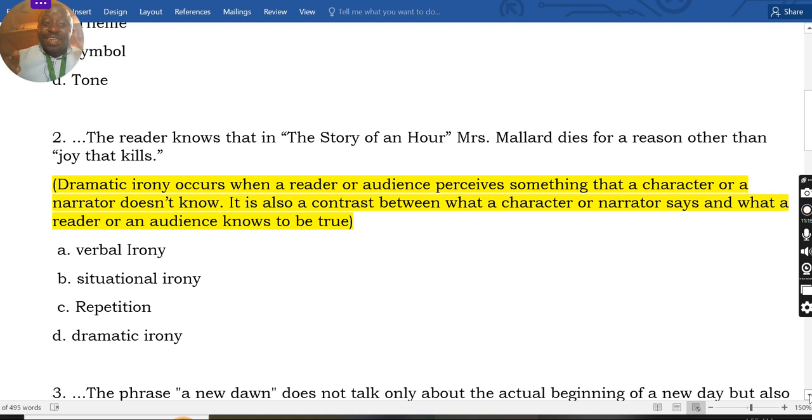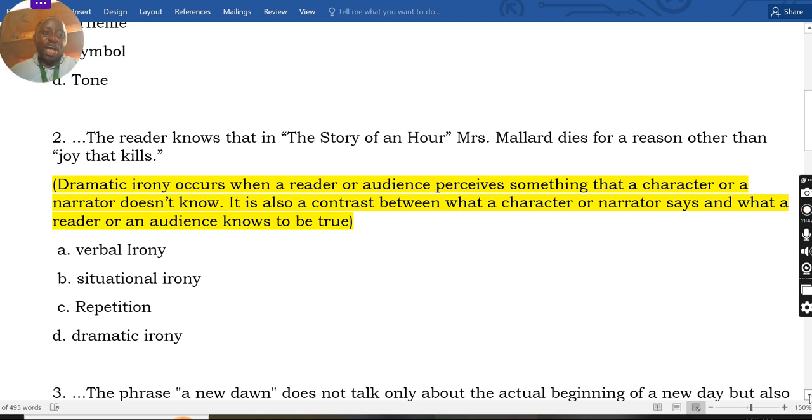But the readers know that Mrs. Mallard dies for something, not that joy that kills. Some believe that Mrs. Mallard dies of joy, but others know that Mrs. Mallard dies for another reason, not that joy.